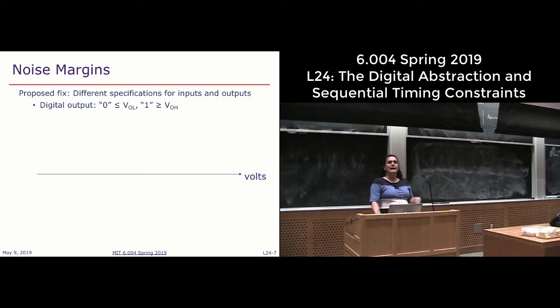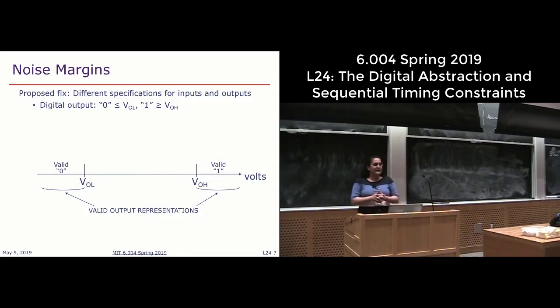Similarly, if my output is higher than VOH, which is output high, I'm going to consider that a valid high output. On my line of this continuous voltage graph, I'm going to indicate that somewhere towards my lowest possible value is this VOL, and somewhere on the other hand is my VOH, and these are the regions of valid outputs.